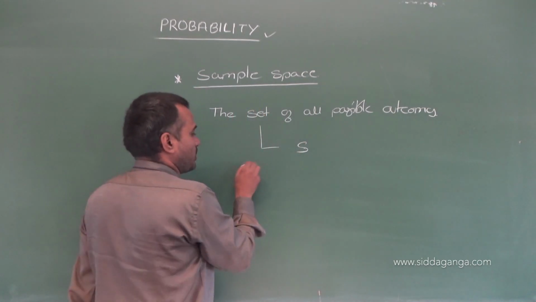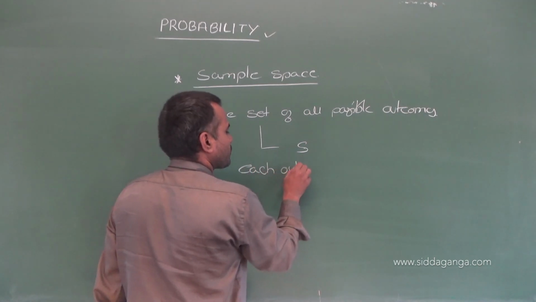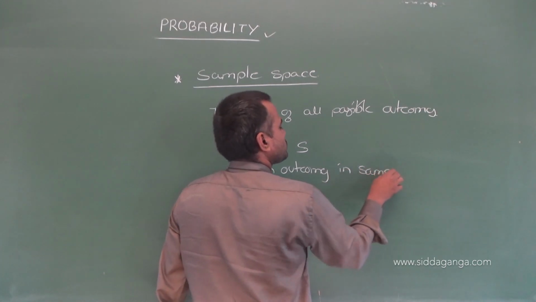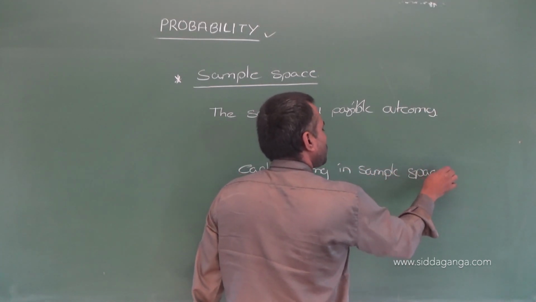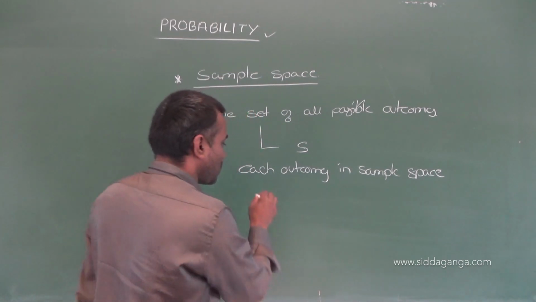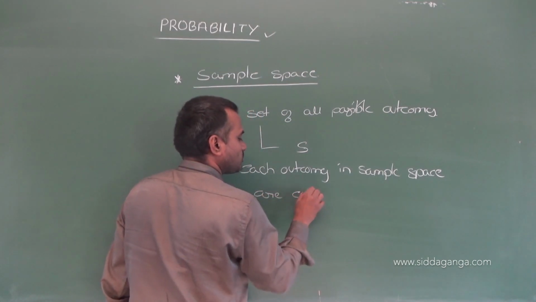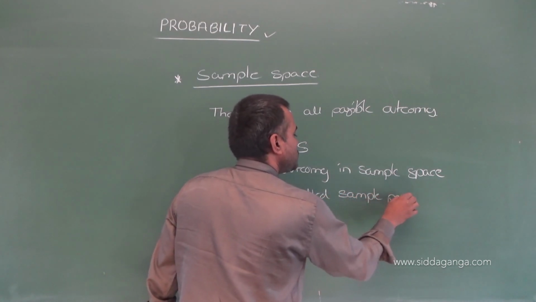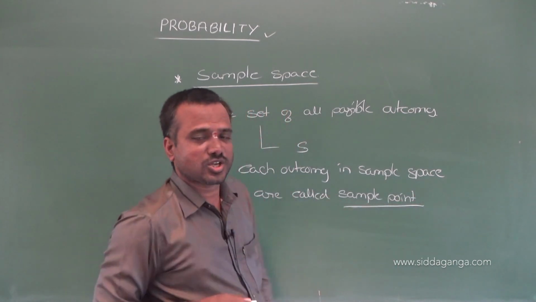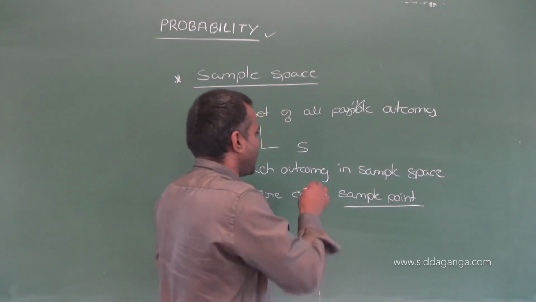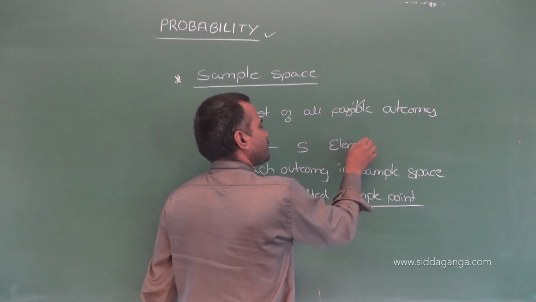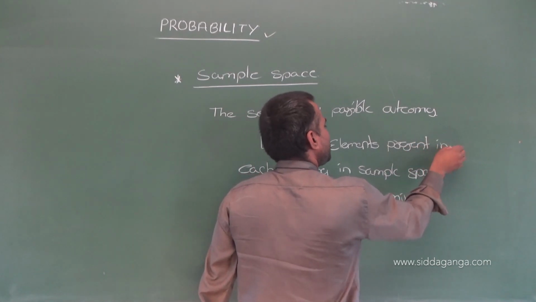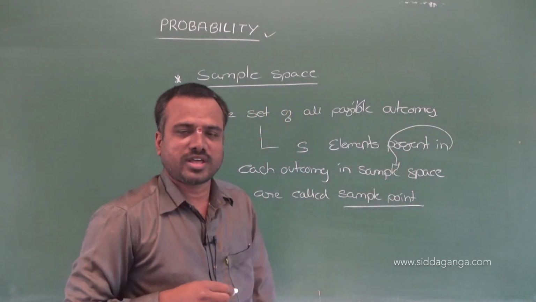and each outcome in sample space are called sample point. Each outcome, very important, or else the elements present in sample space.